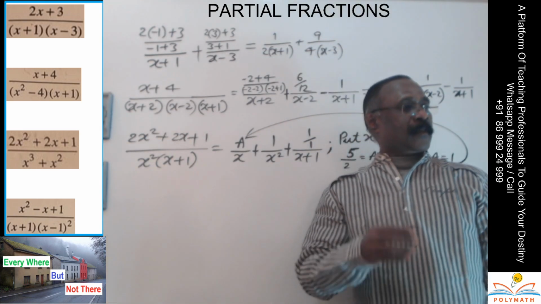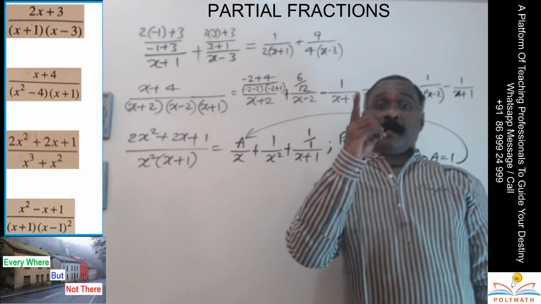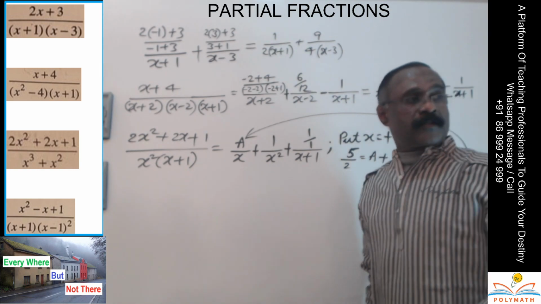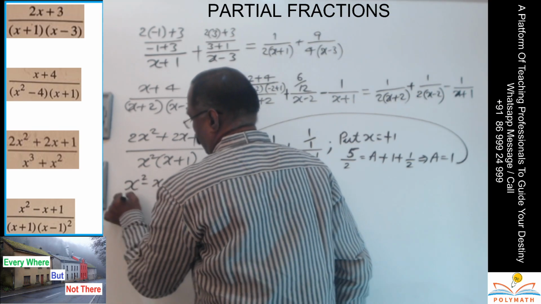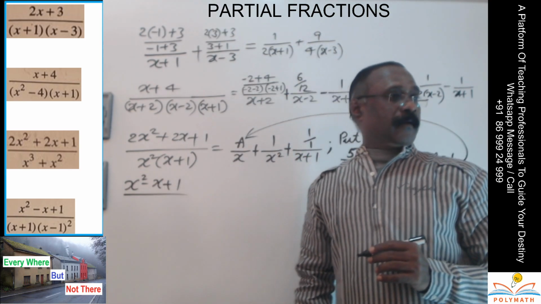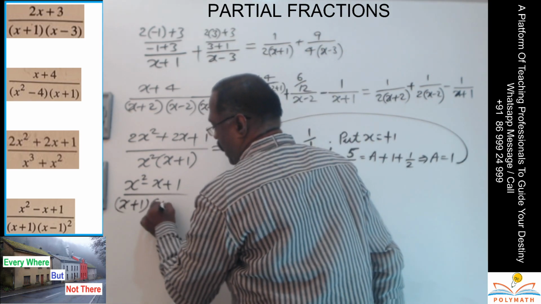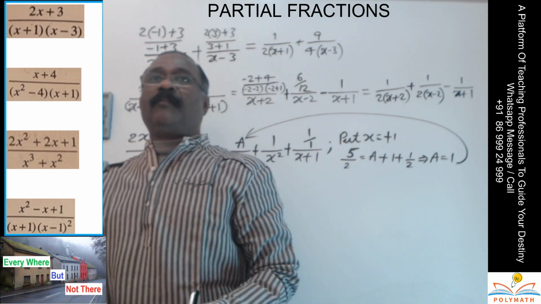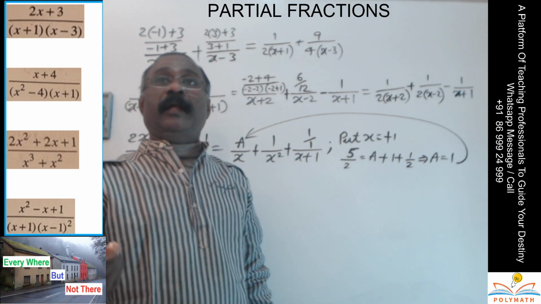Next one please. x square minus x plus 1 divided by x plus 1 into x minus 1 whole square. Non-repeated linear factor and repeated linear factor. See that one?